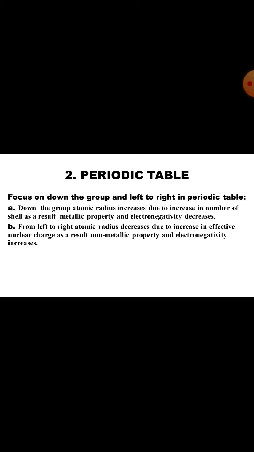You know that down the group atomic radius increases due to increase in number of shells. This increases metallic properties and decreases electronegativity. From left to right, atomic radius decreases due to increase in effective nuclear charge.